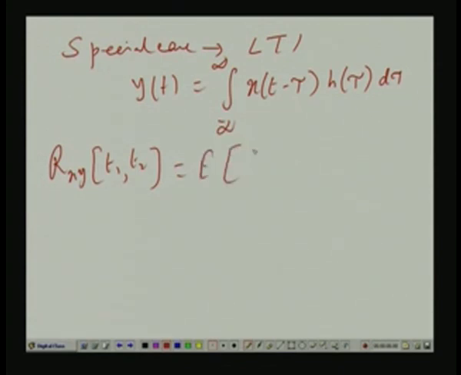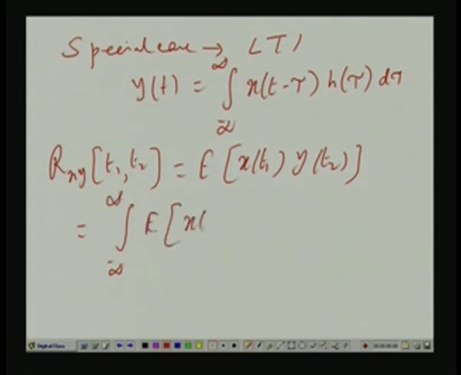That is E of x t 1 y t 2. So, for y t 2 put t equal to t 2 here, push this parameter x t 1 from outside the integral to inside the integral, and then push this E operator inside the integral again. So, what you get there is E working on x t 1 that has come from outside the integral, then for y t 2, it should be x t 2 minus tau, h remains separately because it is not stochastic.